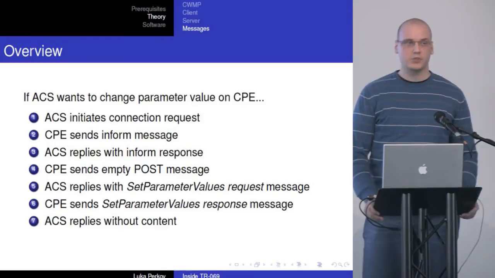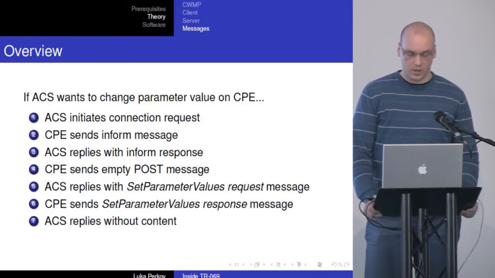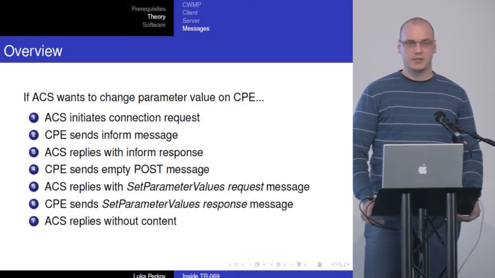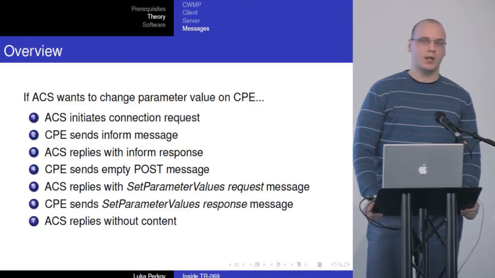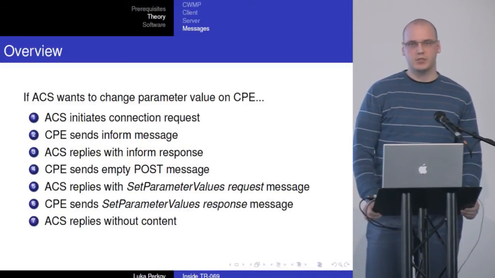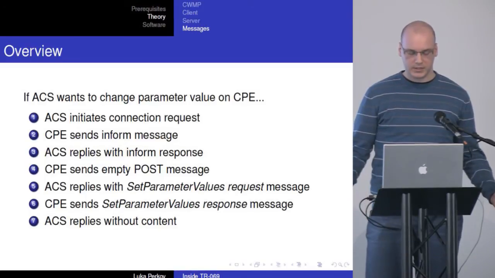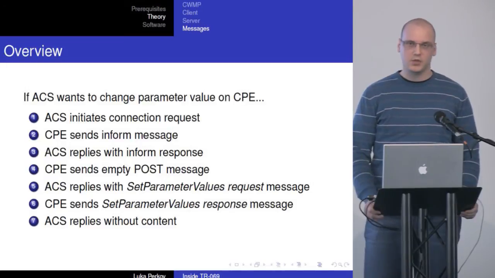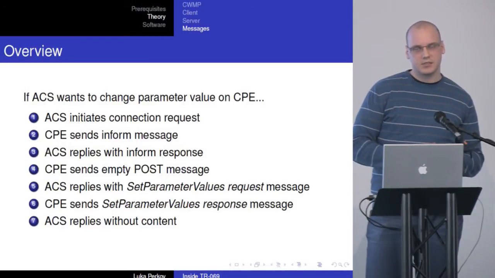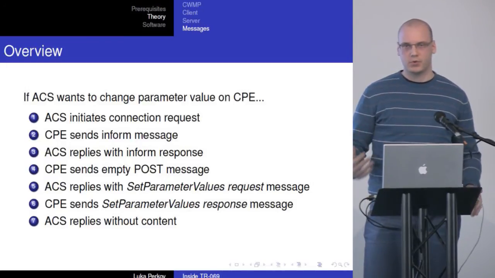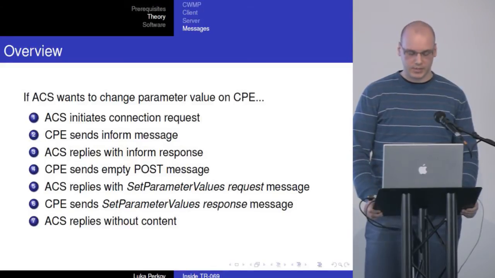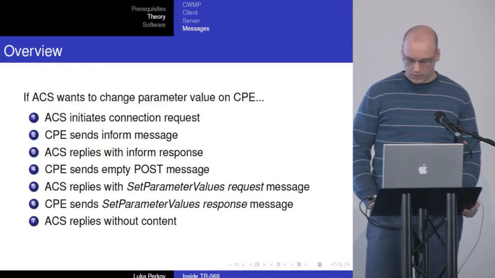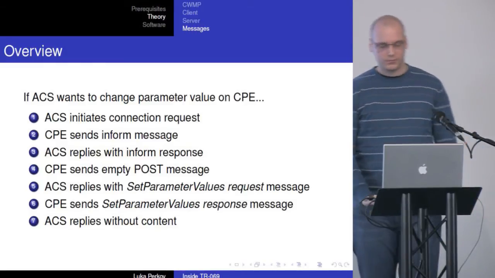CPE would send an inform message. ACS would send an inform response. CPE sends an empty POST message. When either party sends an empty message, it means that it has nothing else to say. So CPE has nothing else to say, and it sends an empty POST message. ACS replies with SetParameterValues. CPE sets these parameters and responds with the status of this action, and that's it. ACS replies without content.